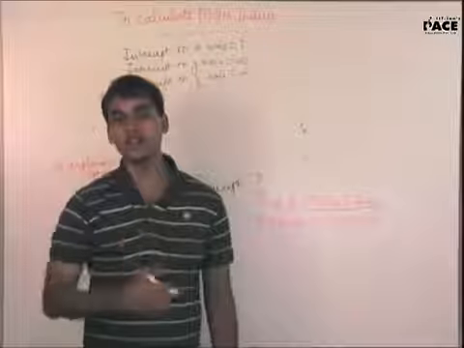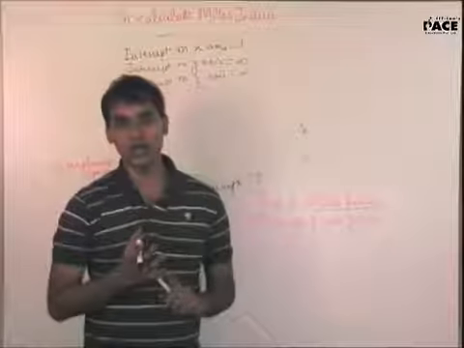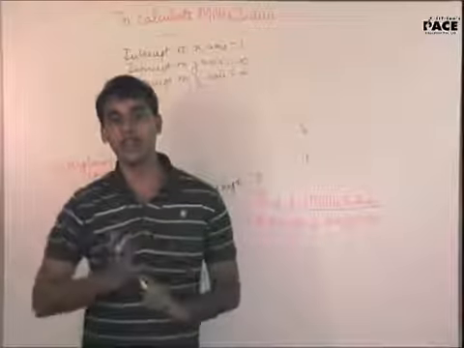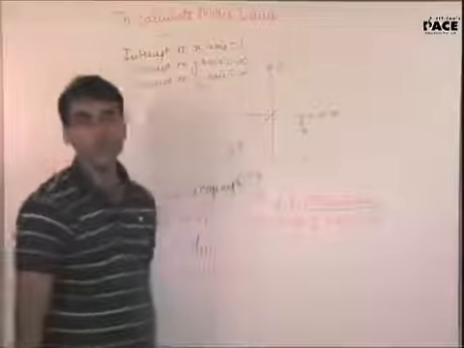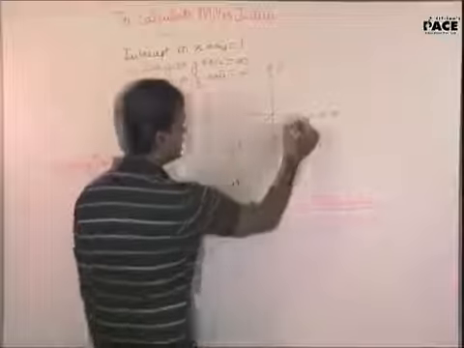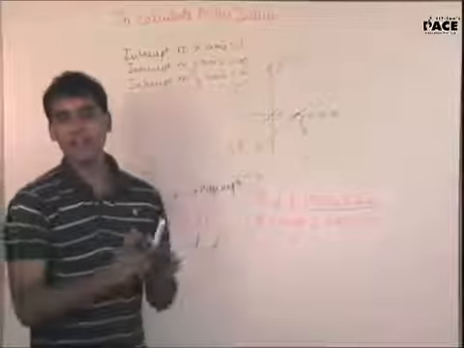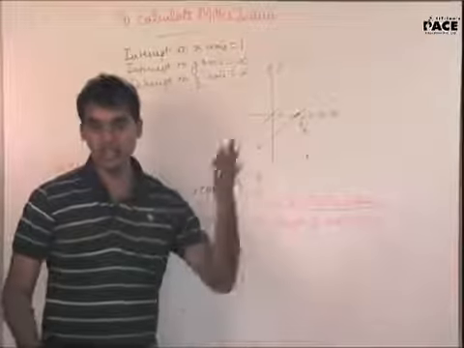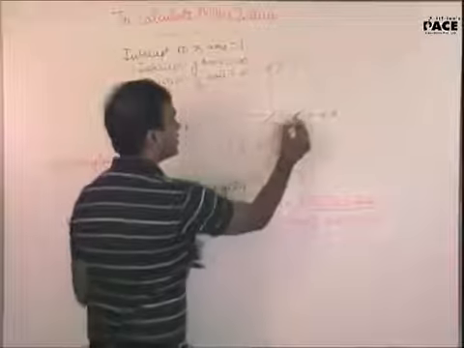What kind of plane will it be? Intercept on x is 1. It will be a plane whose equation will be x equal to 1, or the yz plane, right? And this is x equal to 1.